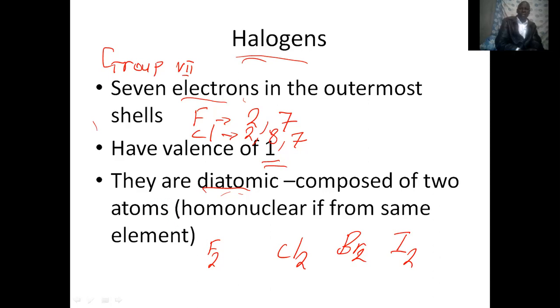Diatomic means they are composed of two atoms; di means two. However, fluorine here contains only the same element, but two atoms. It is known as homonuclear.